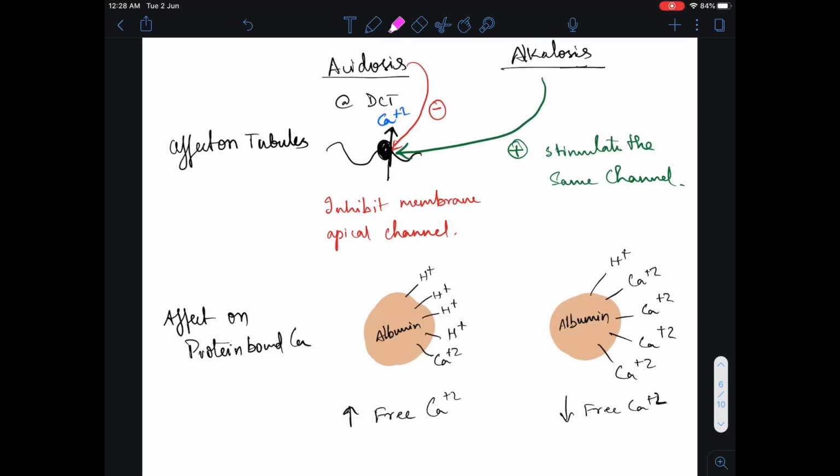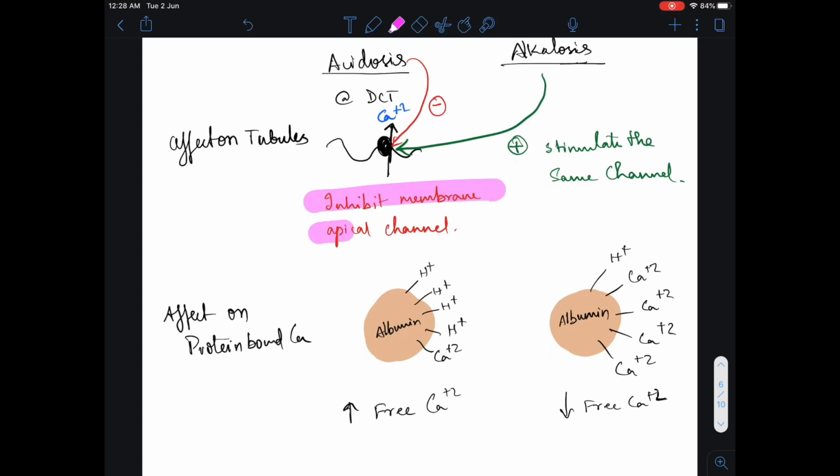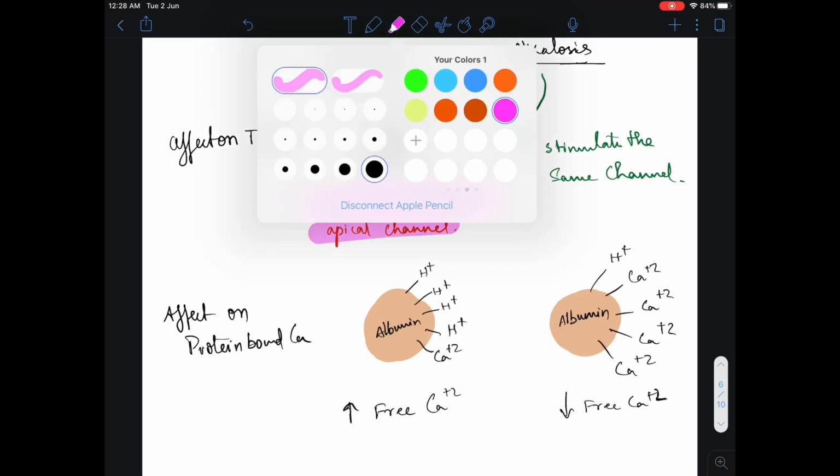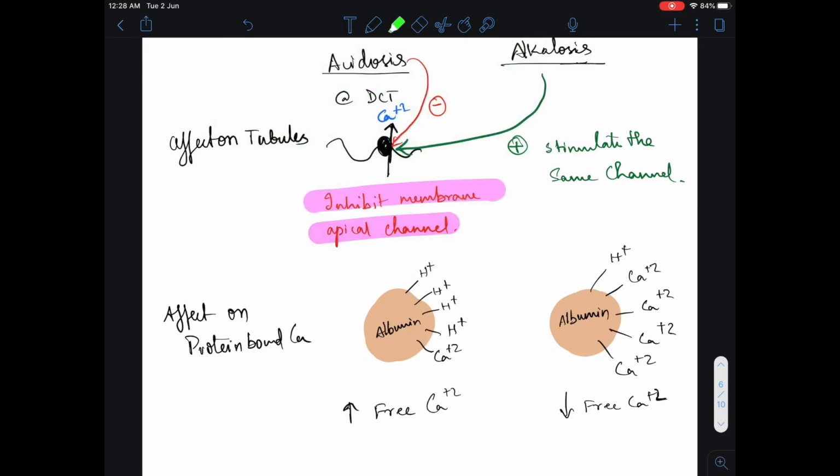See, in acidosis at the DCT, the calcium absorption is inhibited. Acidosis will inhibit the membrane apical channel, whereas alkalosis will stimulate the same channel and promote the absorption of calcium at the distal convoluted tubule.